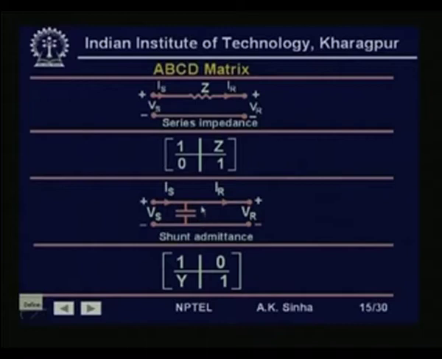For simple shunt capacitance, the ABCD parameters will be A is equal to 1, B is equal to 0, C is equal to y and D is equal to 1.